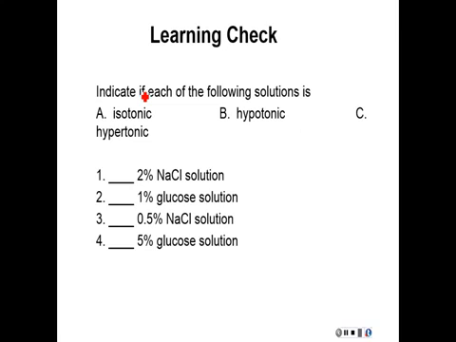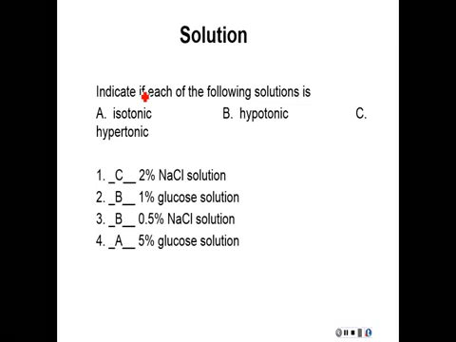Okay, so indicate if each of the following solutions is isotonic, hypotonic, or hypertonic. So you might go back and review the slides here. So we have 2% sodium chloride, 1% glucose, 0.5% sodium chloride, or 5% glucose. And the answers are C, hypertonic. Because 2% is a lot.